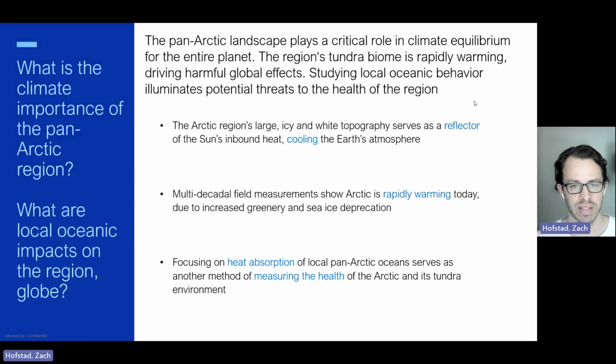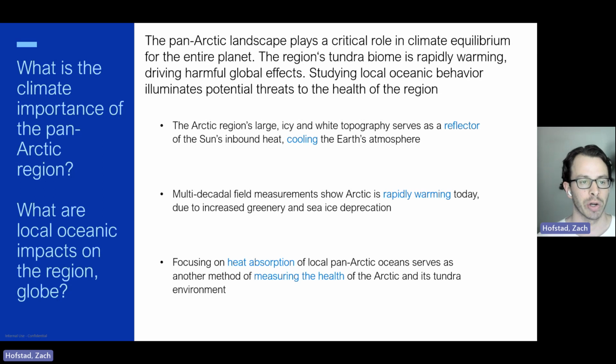So setting the stage first, what is the importance of the Arctic, its Pan-Arctic region, and the oceanic heat as a climate driver, specifically in this case to the Pan-Arctic region. The Arctic and the Pan-Arctic landscape plays a very large role in our planet's climate balance.